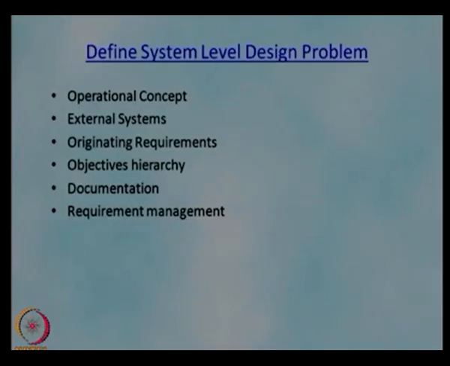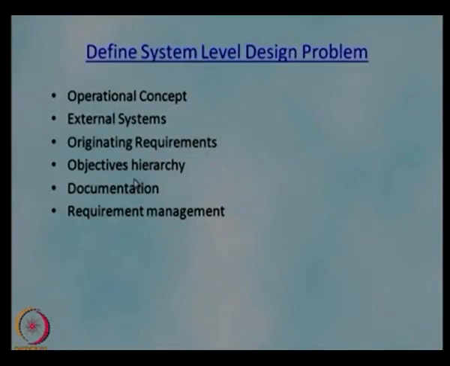So to come to the first process, which is define system level design problem, out of the 6 functions, this is the first one. So here in this stage, we try to develop the operational concept for the system. We try to identify the external systems which are external to the system being developed, and we will try to identify the originating requirements.